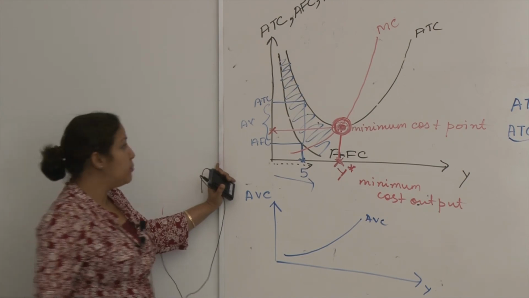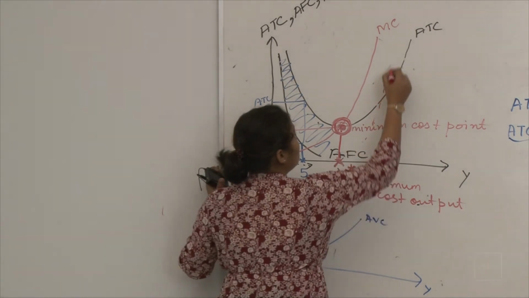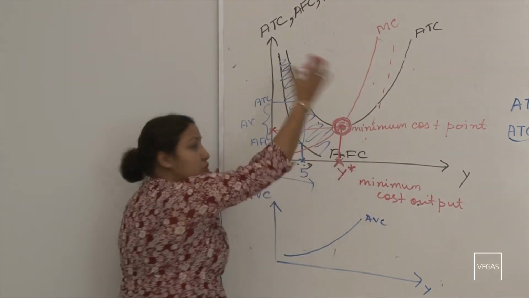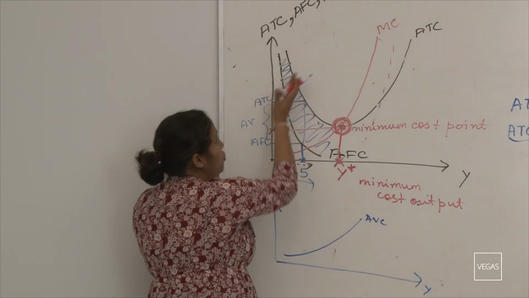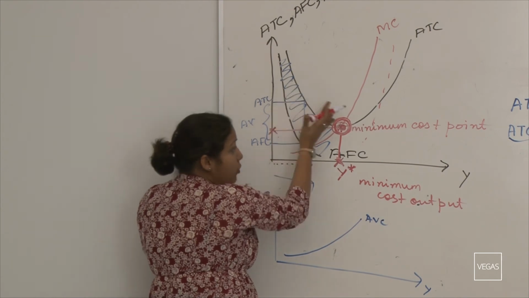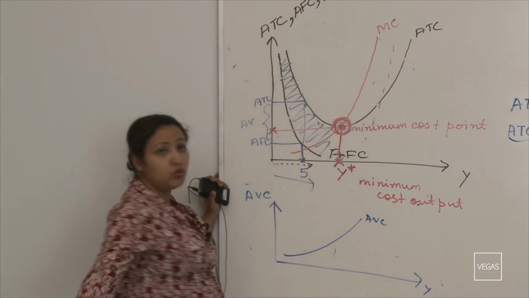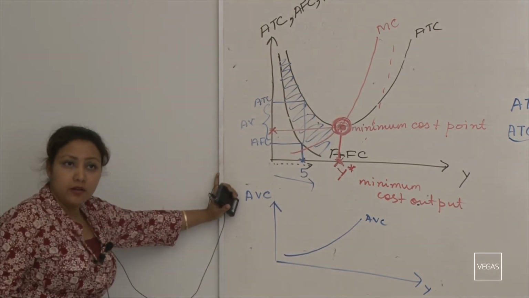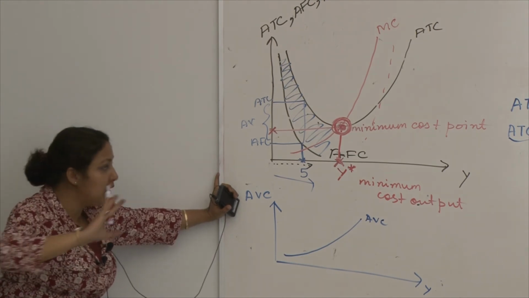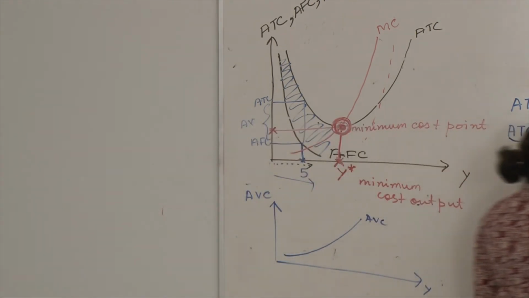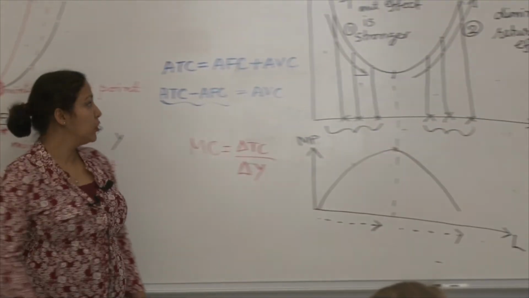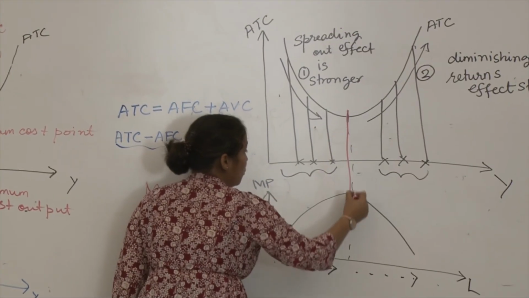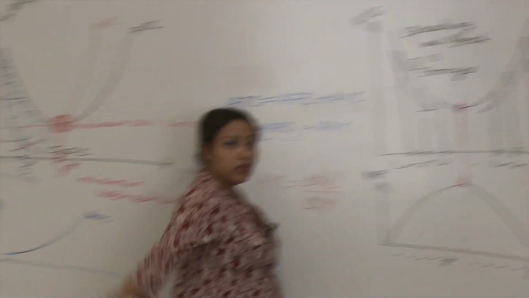That means a producer will never want an MC which looks like that, which is in that zone of the ATC. He will always want the MC to be on this side, and he would want to get to a point where the MC is passing through that minimum cost point. That means that his MP is at the peak, because see that MP is the one which corresponds with the minimum point of the ATC.